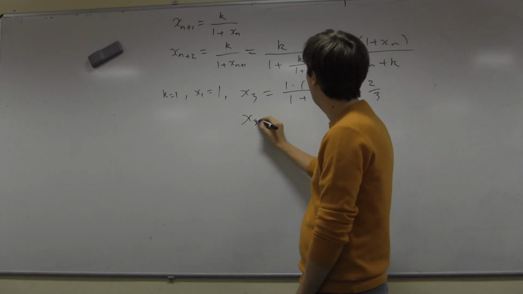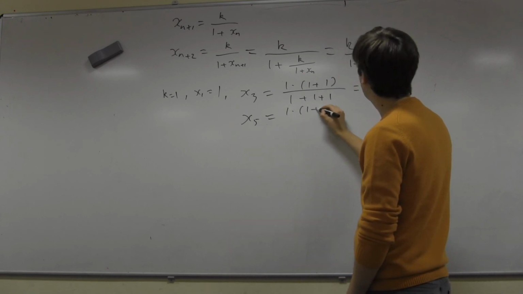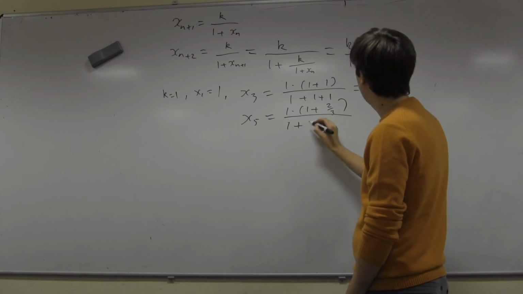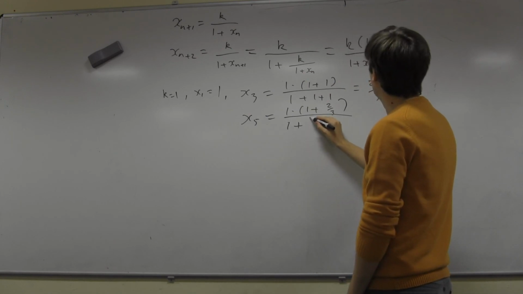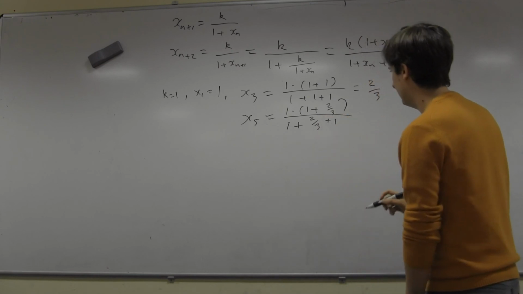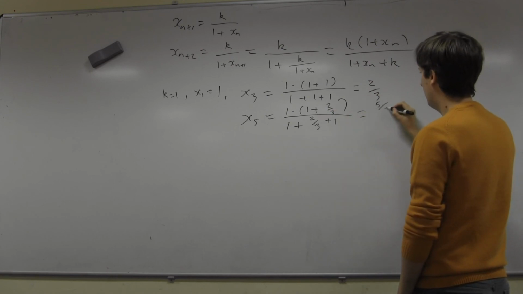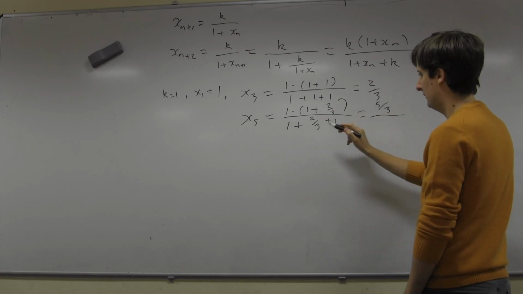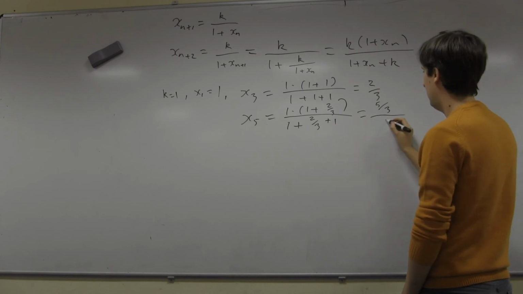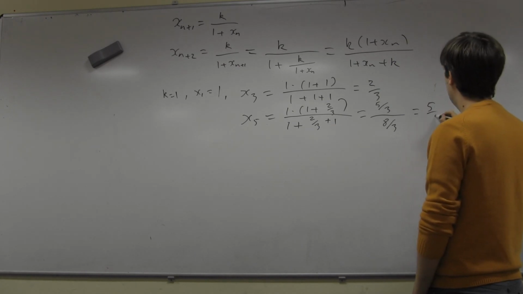Then x5 is 1 times 1 plus 2/3 divided by 1 plus 2/3 plus 1. So we've got 5/3 on the top and 8/3 on the bottom. So this is 5/8.